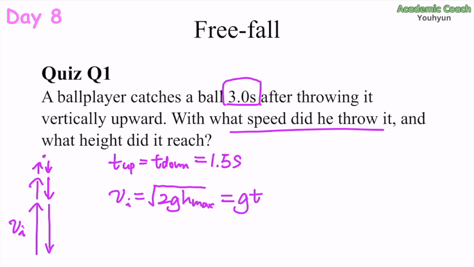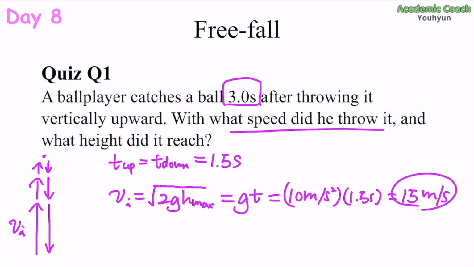And here, t represents either t up or t down. Since we're given time, we can use gt, and that would be approximately 10 meters per second squared multiplied by 1.5 seconds, so approximately 15 meters per second. That's how fast he threw the ball upward.